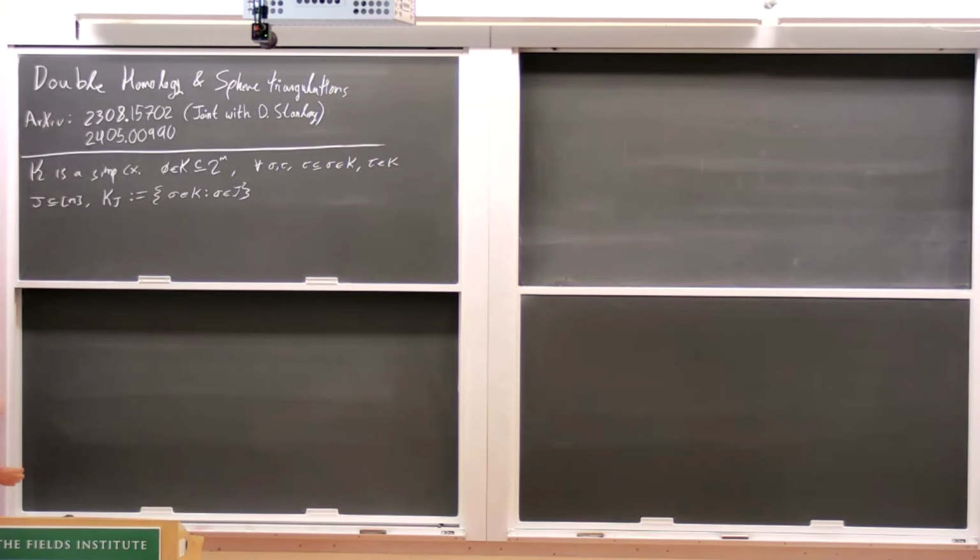So I'll start with a bit of motivation for the definition of double homology. To state the structure of the talk, the first half is me talking about double homology in general. The second part is about some results regarding sphere triangulations.